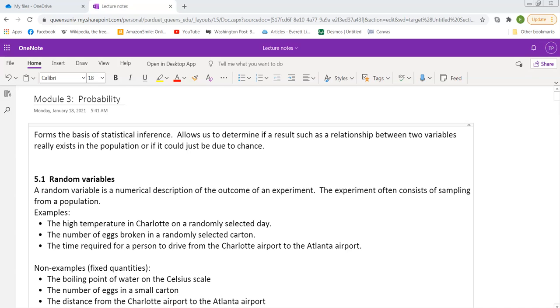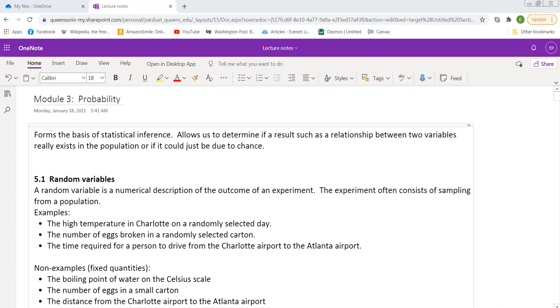To be able to make some of those leaps, we need probability. One of those leaps that we'll make is when we're trying to determine whether something like a relationship between two variables actually exists.